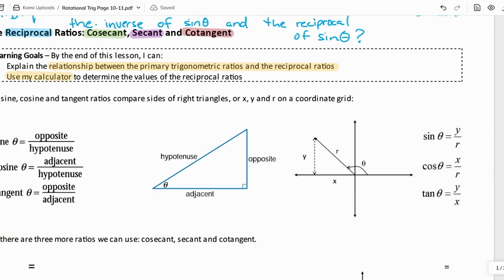So let's remind ourselves that when we are comparing sides of triangles, we have these ratios that help us compare the sides. We have a sine ratio, a cosine ratio, and a tangent ratio. Now, what did we decide about the sine ratio and the cosine ratio in terms of whether or not they are greater than 1, less than 1, or it doesn't matter?